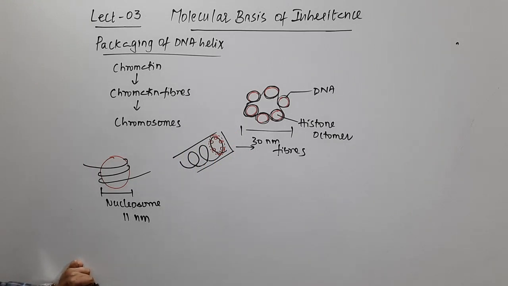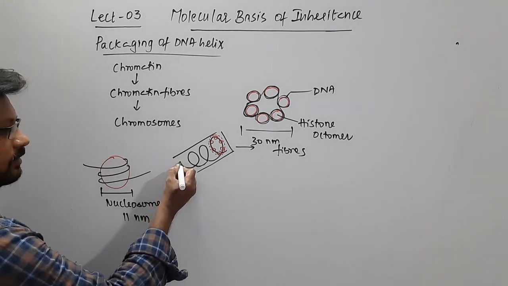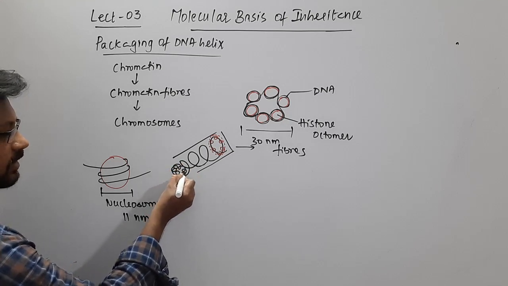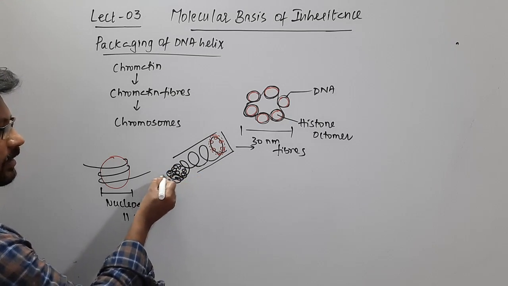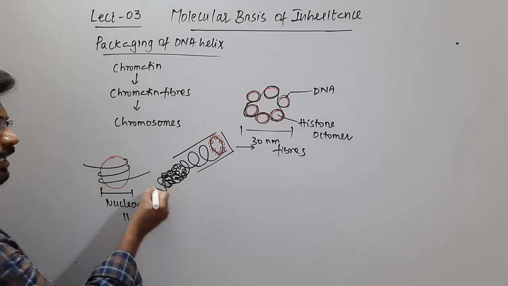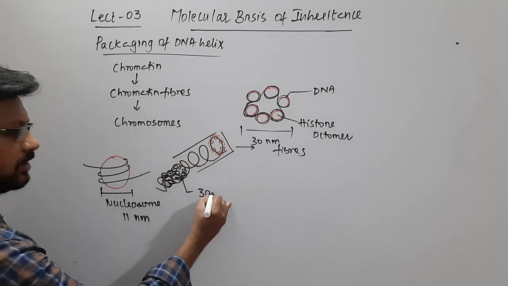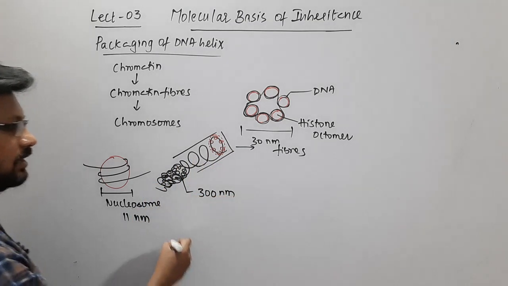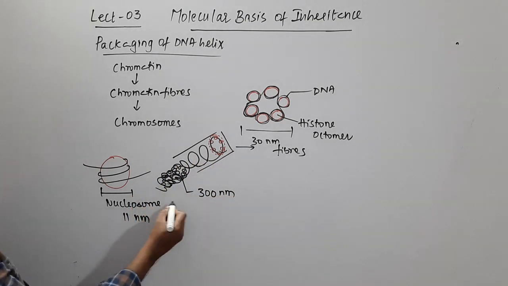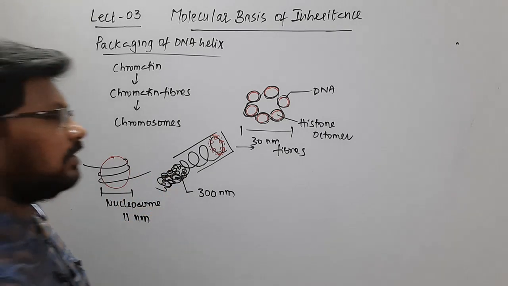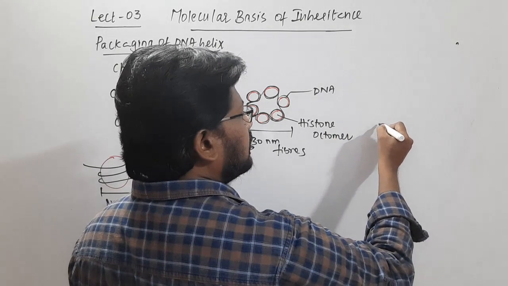This 30 nanometer fiber is going to coil further. So the coiling is much more. We'll be seeing something like this, and this results in coiling and coiling and coiling. This results in the formation of the next one, which I'll mention as 300 nanometers, and after that it finally results in the formation of one chromatid, which will have 700 nanometers.